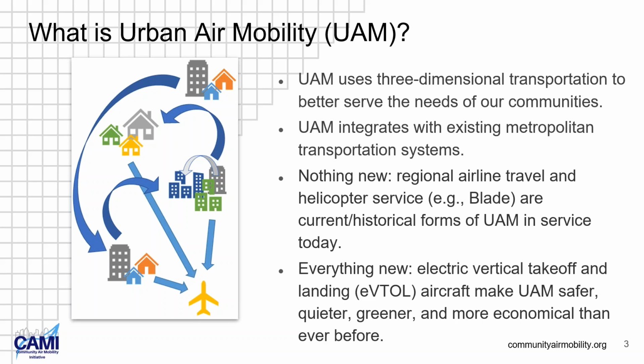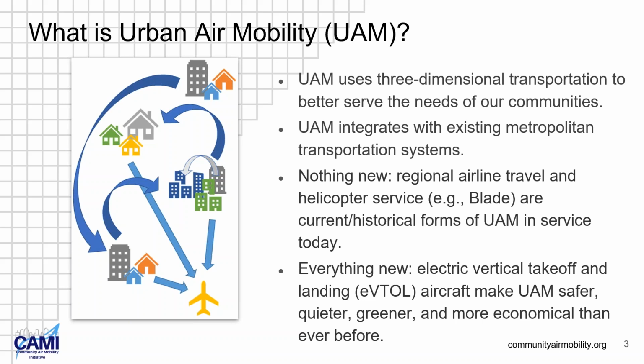So what is urban air mobility? The term is being used more and more these days. Different people have different ideas of what that means, but for us at CAMI, urban air mobility is the use of three-dimensional transportation to better serve the needs of our communities. It integrates with existing metropolitan transportation systems.